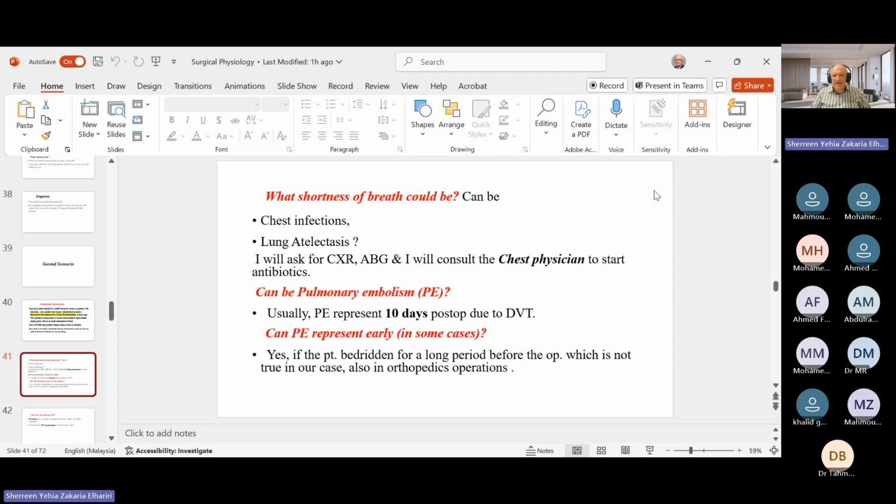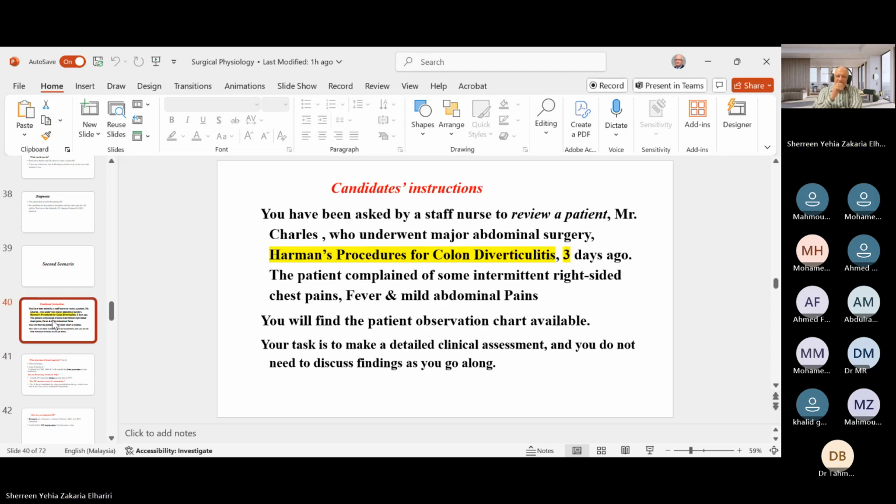All right. So can this scenario be pulmonary embolism? Not in this specific patient, but yes, if the patient was immobilized for a long time. Doctor, don't say extra knowledge. Does this patient have pulmonary embolism? No. Why? Because it's only 3 days post-operative. All right, okay. So in some patients, not this patient, can pulmonary embolism occur after 3 days?